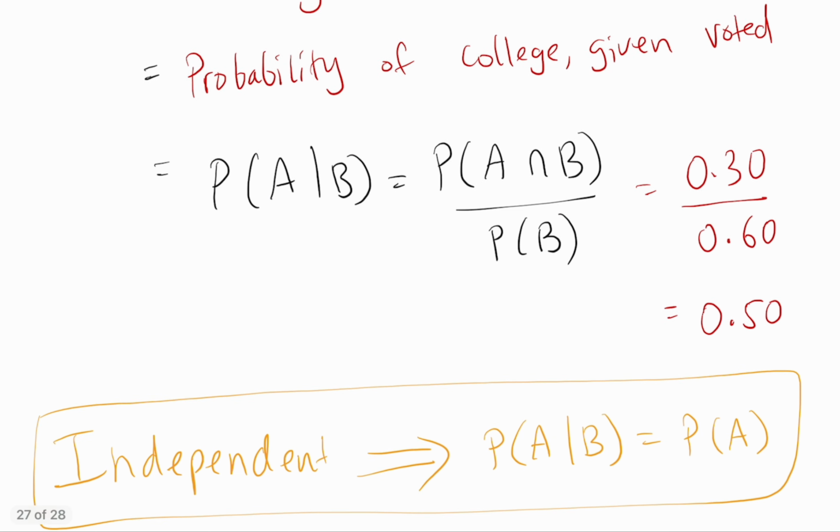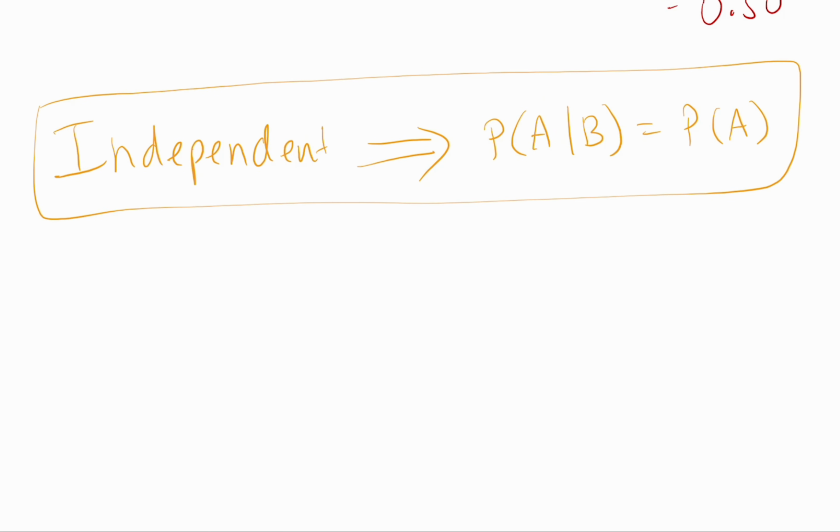Now, another way to think about independent events is this. Just to not get too into the theory and deriving things, let's take the formula for A given B and rewrite it a little bit. A given B we know is A intersect B divided by B, right?